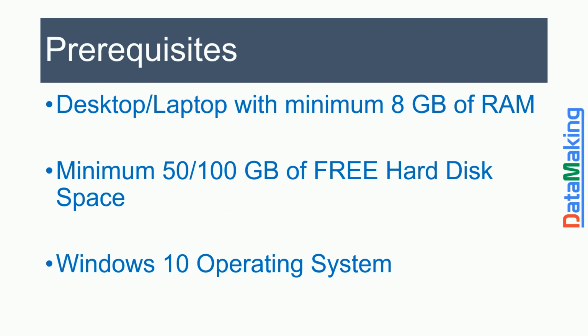Even the VM itself will hang in that case. That's why I suggest you have at least 8 GB of RAM. If you have more than 8 GB of RAM on your system, it is well and good, and you should have 50 or 100 GB of free hard disk space because it's going to occupy a lot of space, because we are going to install 100 plus components in this.